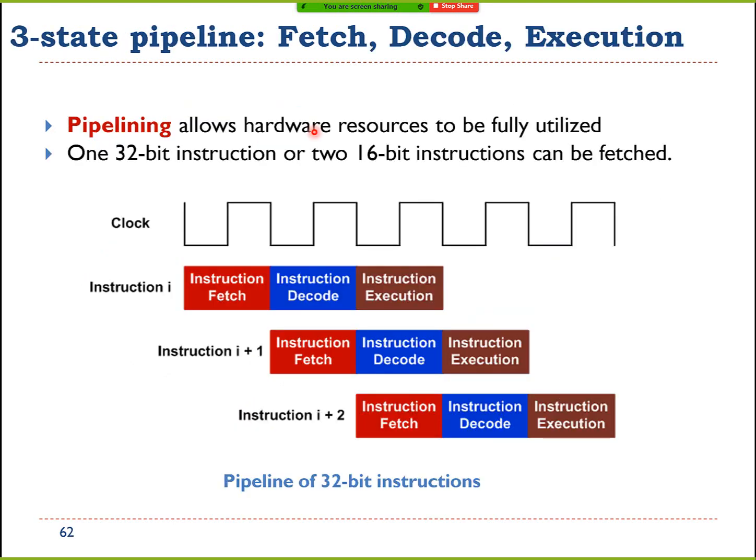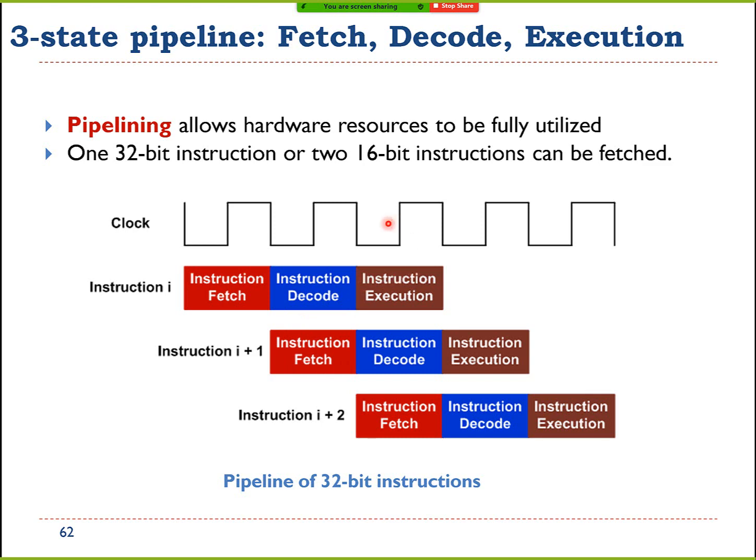So once the processor does this fetch, decode, and execution, it does pipelining, meaning, let's say in the first clock cycle it is doing an instruction fetch, and on the next clock cycle it is decoding this instruction, but at the same time the processor can go to the memory and fetch another instruction, right?